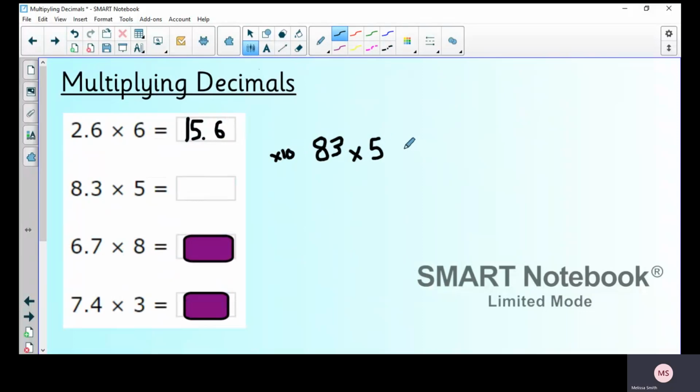Now let's repeat the process. 80 times 5, 400. 3 times 5, 15. Add it together, 415. But what do I need to remember to do?